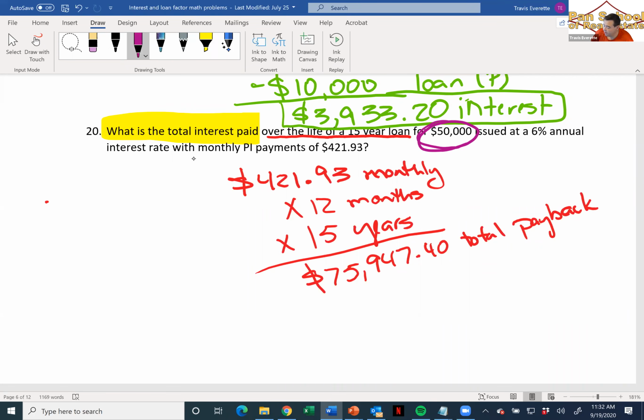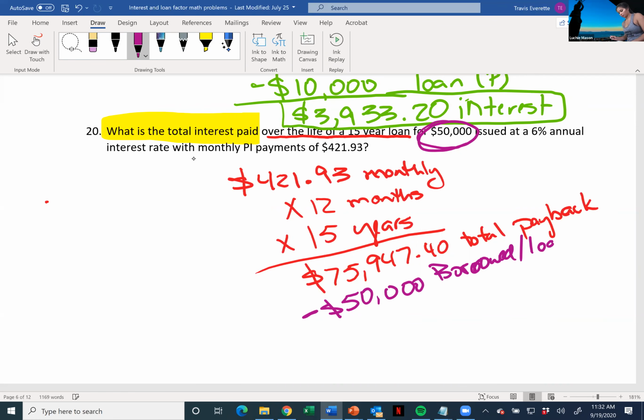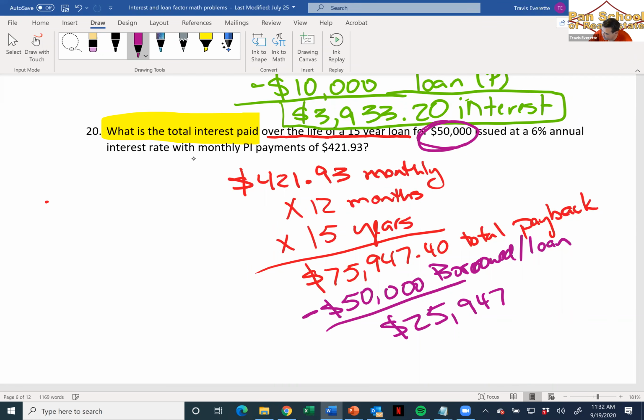We're paying back a grand total of 75,000, but we only borrowed how much? 50. 50,000 borrowed, our loan amount. And so that leaves us with interest over the life of the loan of $25,947.40.